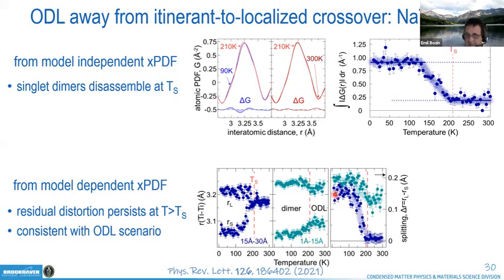So intermediate and long range structure behave canonically, whereas local structure sees that this splitting gets only reduced. And this, according to the scenario that I presented before, is characteristic of this ODL type behavior for a dimerized system.